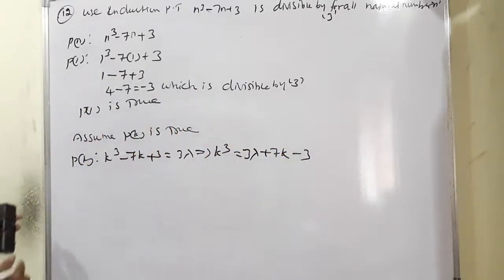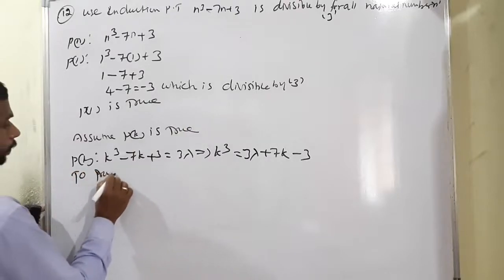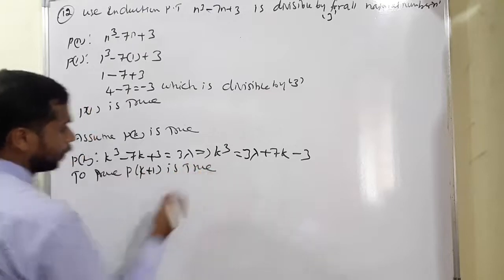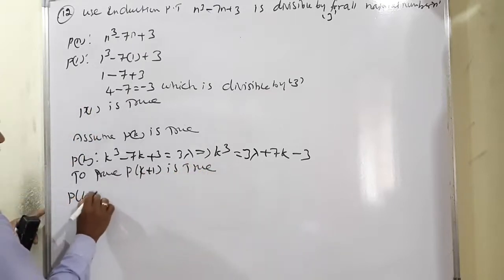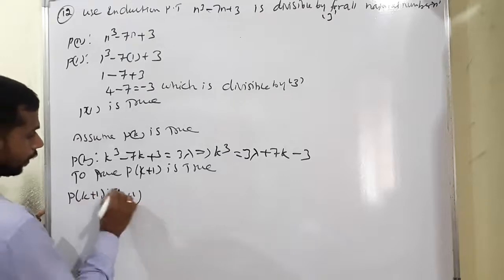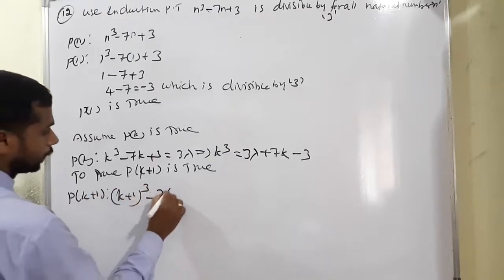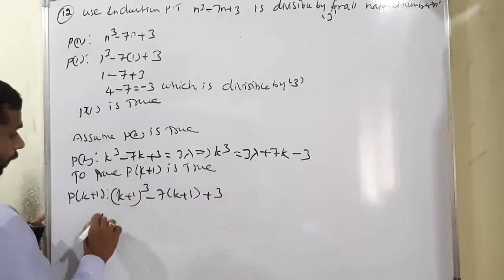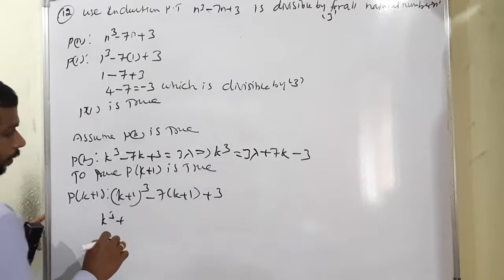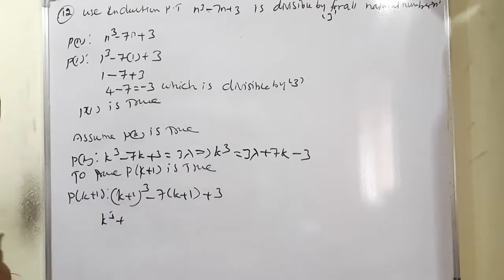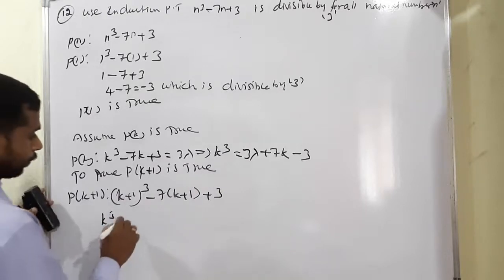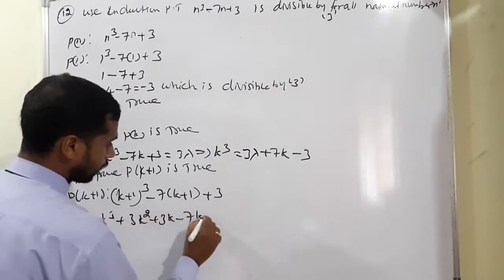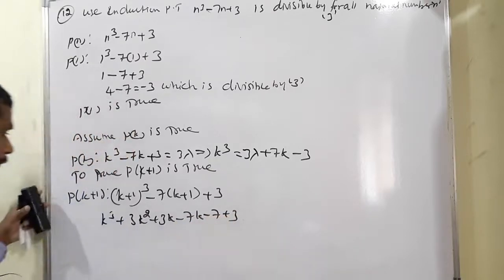Now to prove P of k plus 1 is true. P of k plus 1 means we can write it k plus 1 the whole cube minus 7 into k plus 1 plus 3. Again a plus b the whole cube means a cube plus 3a square b plus 3ab square plus b cube. So k cube, then 3k square plus 3k minus 7k minus 7 plus 3.